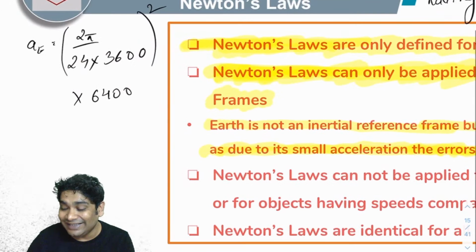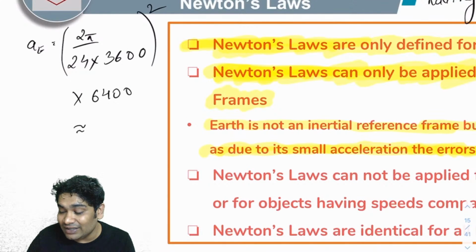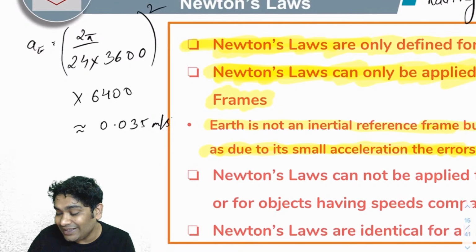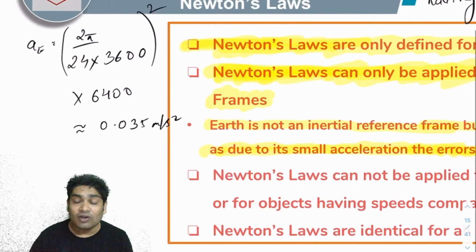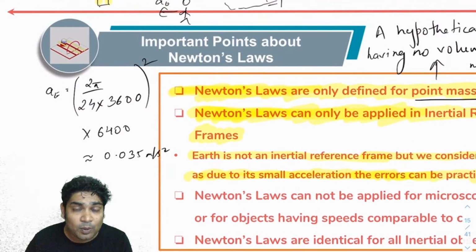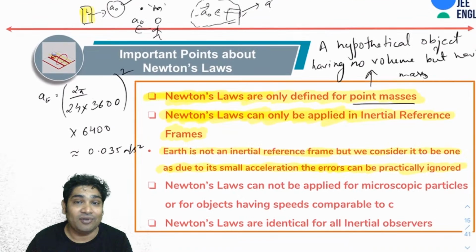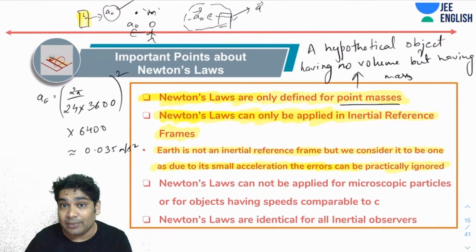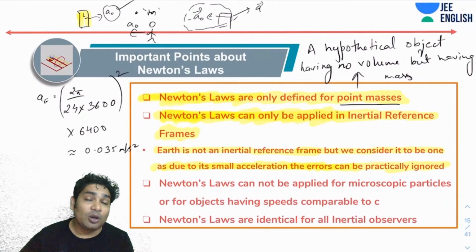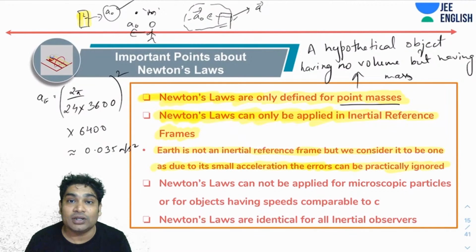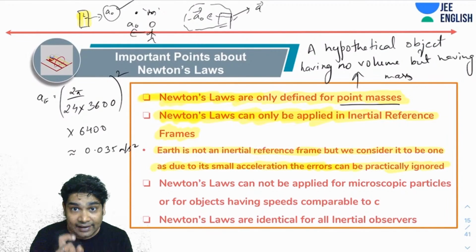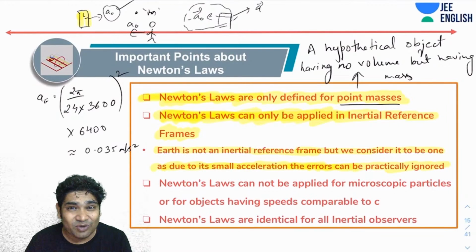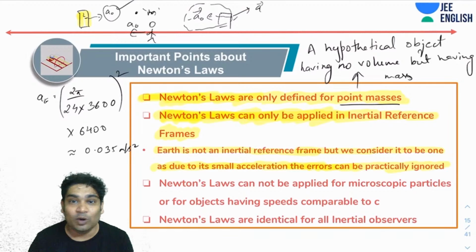And if you calculate this, it comes to about this amount. So the acceleration of Earth is around 0.035 meter per second square, which for all practical purposes I can ignore. The error in my calculations due to this would be so small that I can practically ignore it.